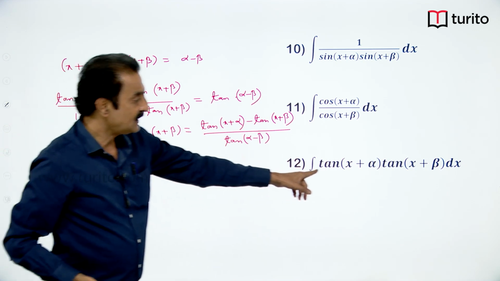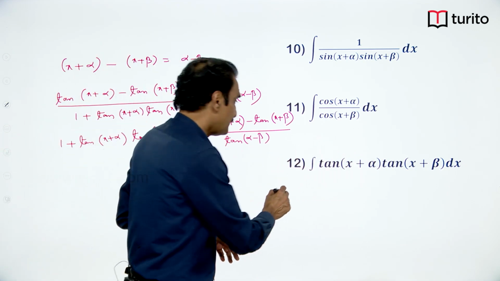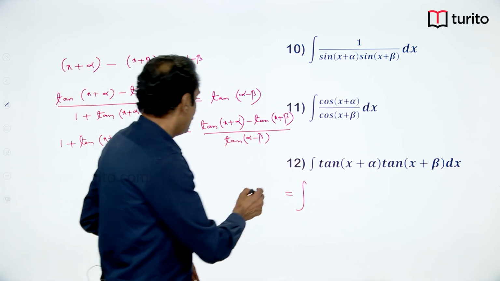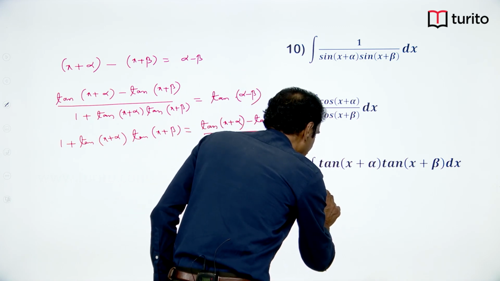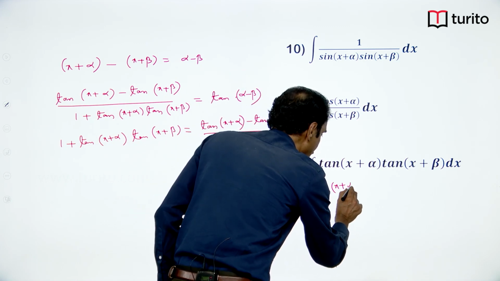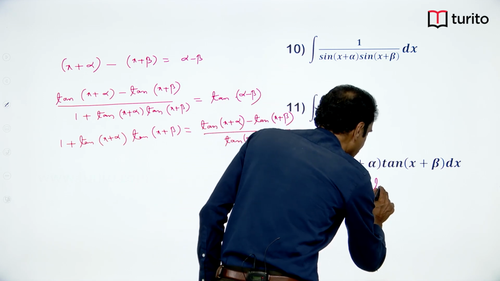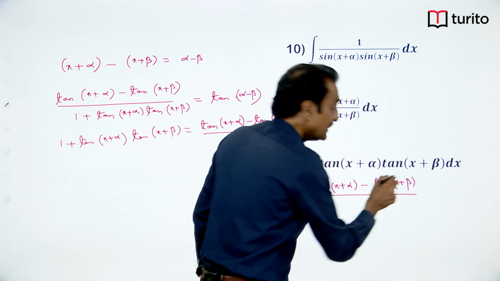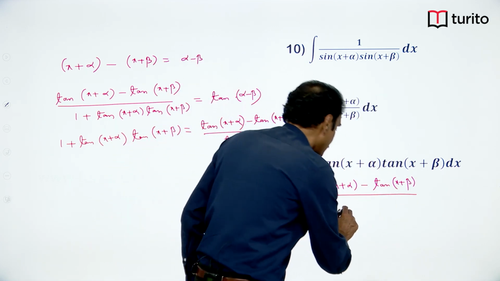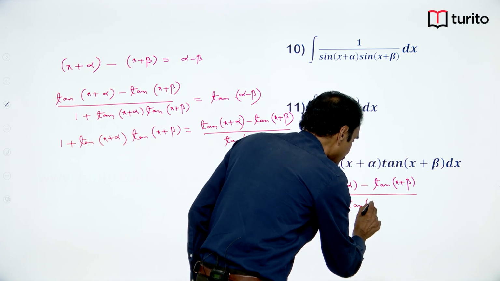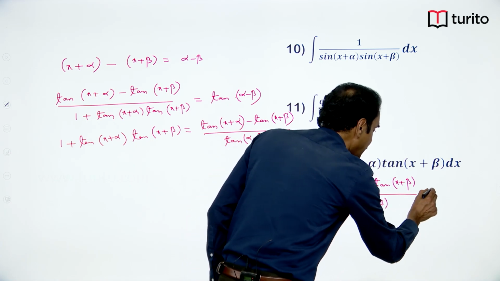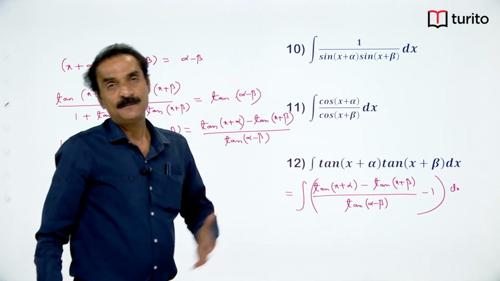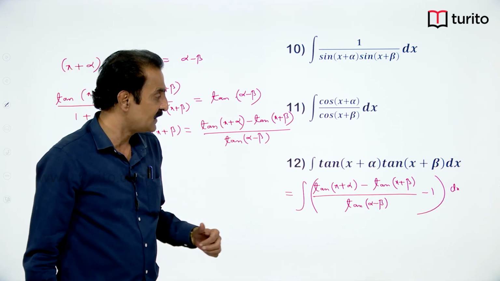Now the integral of tan x plus alpha into tan x plus beta will be, taking 1 to the right side, tan x plus alpha minus tan x plus beta by tan alpha minus beta, minus 1. Tan alpha minus beta is constant. So what will be the integral?